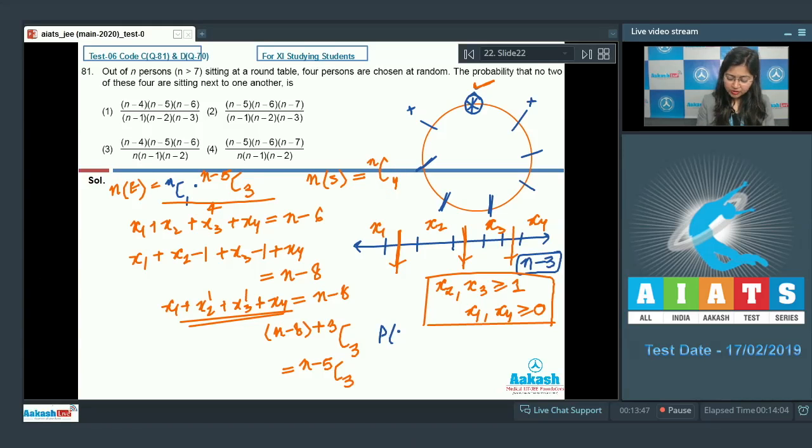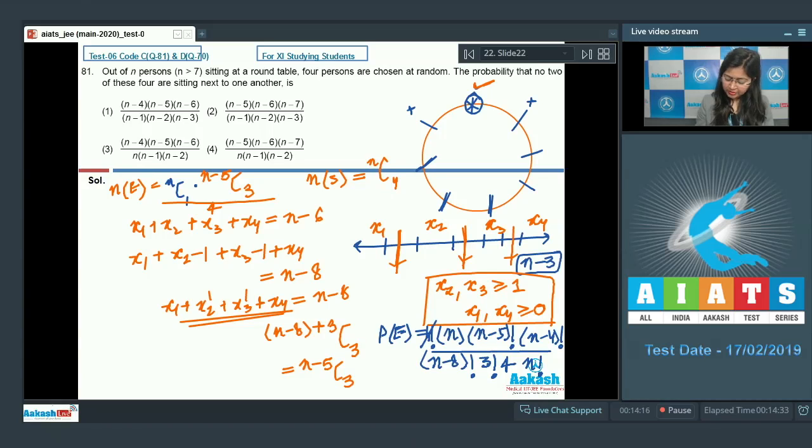Now probability of the required event E will be equal to nC1, that is n, into n-5 C3, that is n-5 factorial upon n-8 factorial into 3 factorial into 4. And here we have n factorial upon n-4 factorial into 4 factorial.